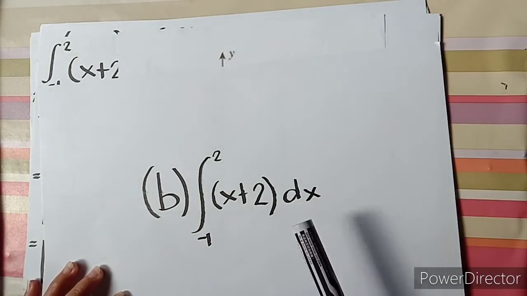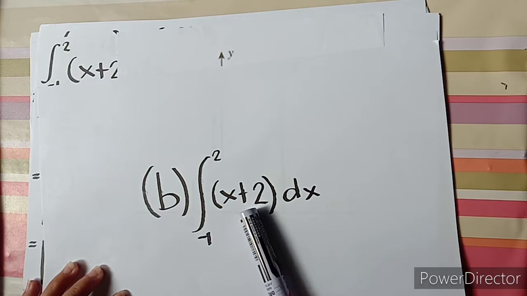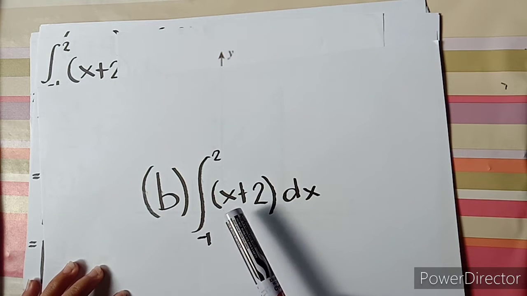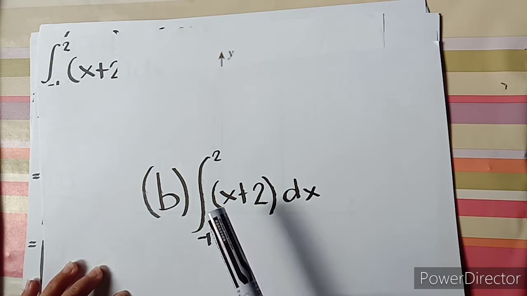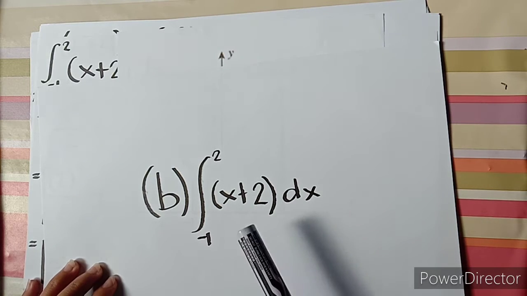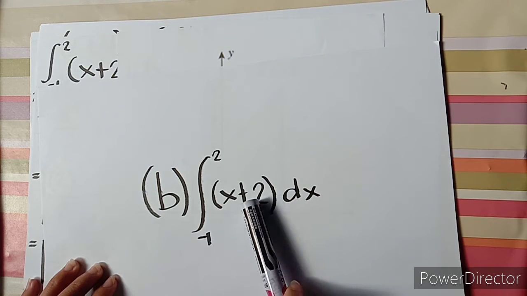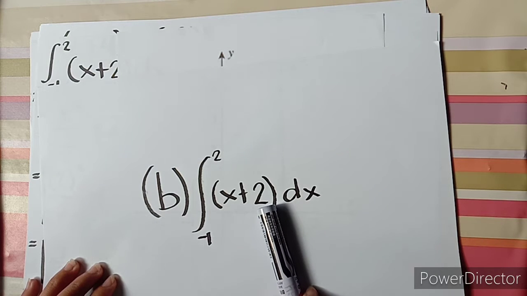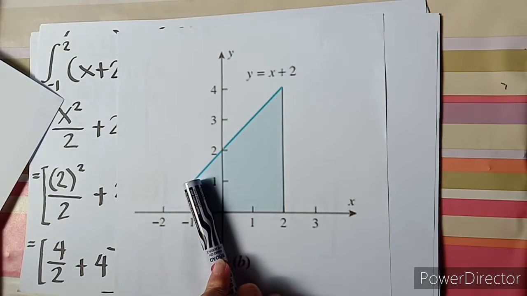First, you have to find y by substituting the value of x into x plus 2. For example, if x is -1, then -1 plus 2 is equal to 1, which is our y.